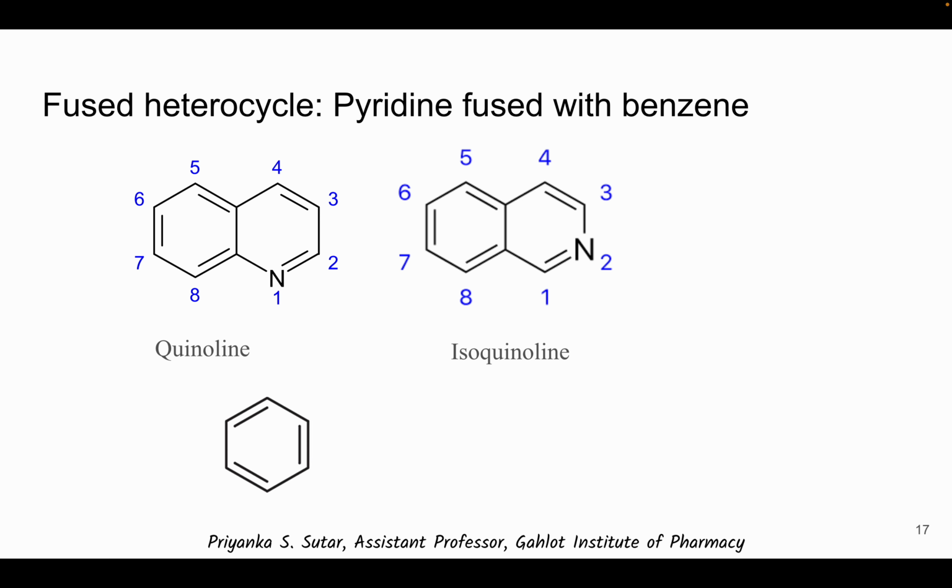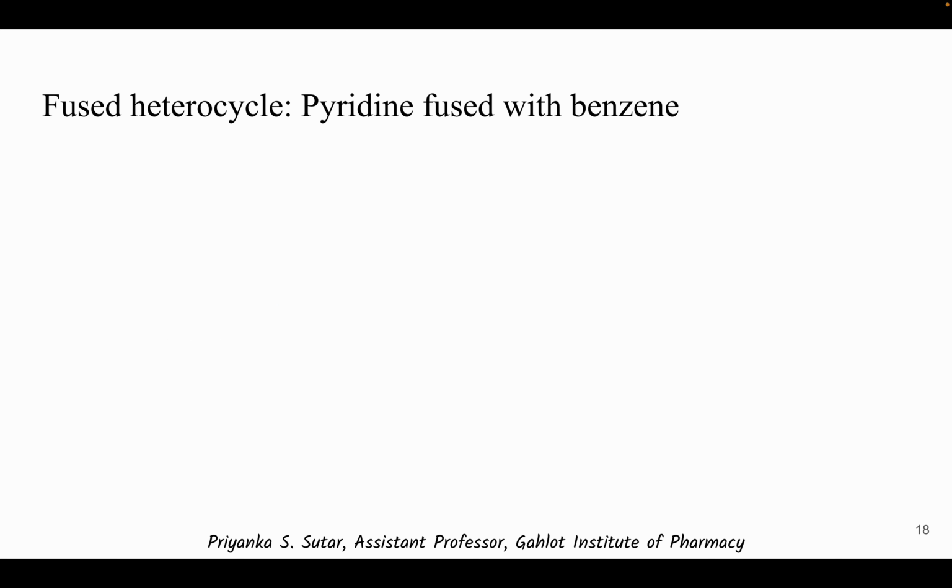You can observe one thing, that benzene is fused with the pyridine. So this is a benzo fused pyridine because benzene is fused with the pyridine. This is an example of a fused heterocycle. Okay.